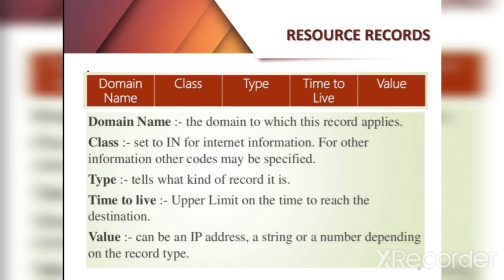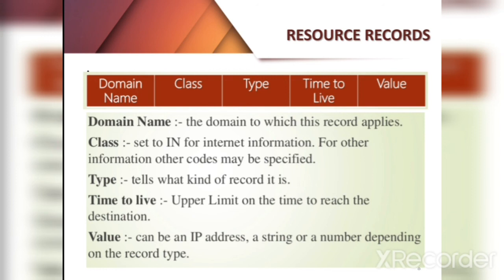Next comes the time to live. Time to live specifies the validity of this particular record. If the time to live is a larger value, we can say that it is highly stable. If it is a smaller value, it tells that it is highly volatile. Next is the value, or the actual information.